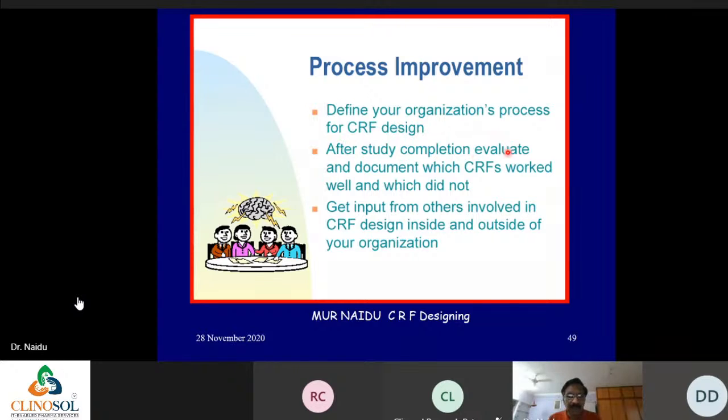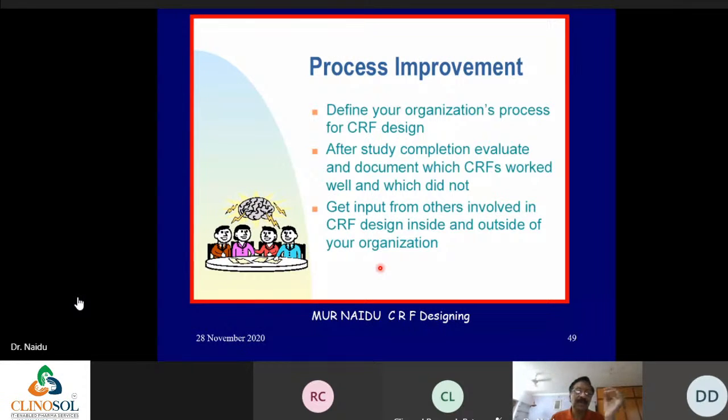After study completion, evaluate the document: which CRF worked well, which did not. So you have to find out whether your particular CRF has worked. After 1 or 2 case record forms are completed, just check what you have designed, whether it is okay, or would you like to improve it? Get input from other people involved in CRF design, inside and outside of your organization. Always give some CRF to some other people.